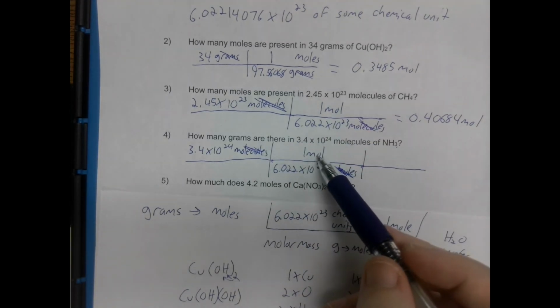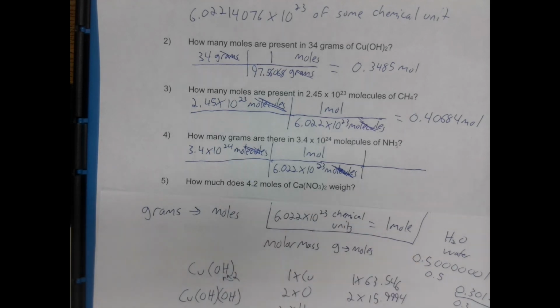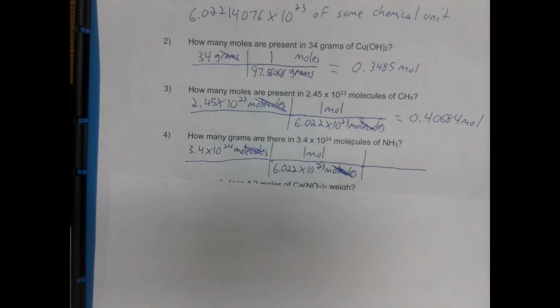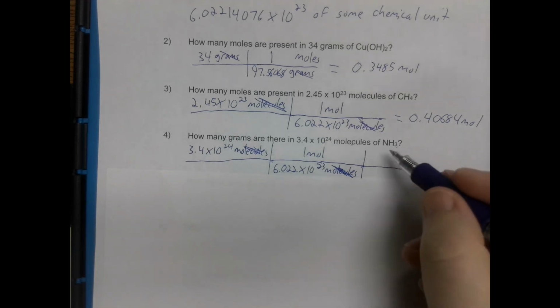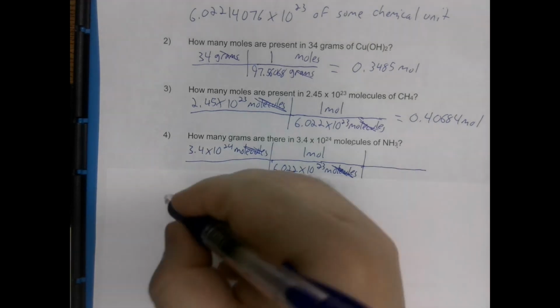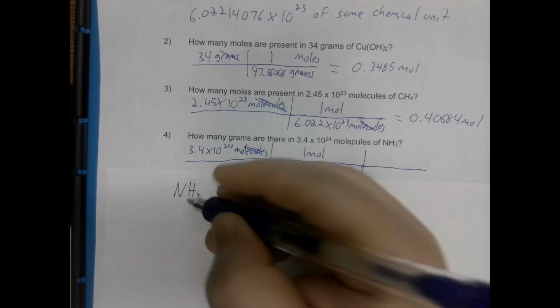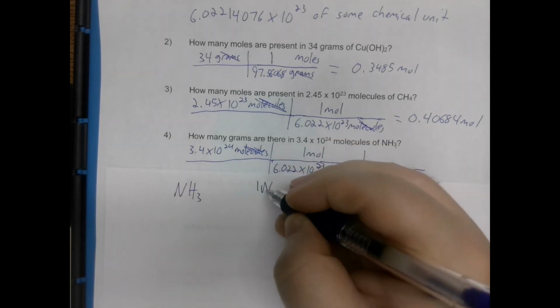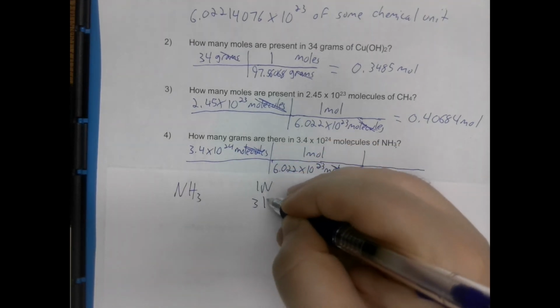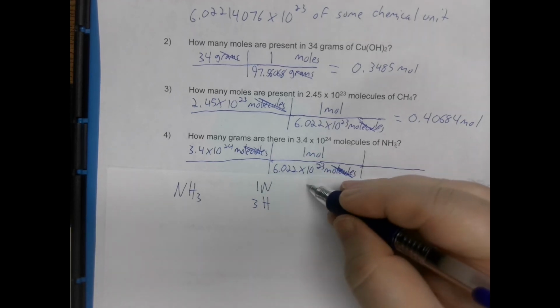Now we need to convert moles into grams. Moles into grams is a molar mass. So we need to find the molar mass of ammonia. So that's 1 nitrogen and 3 hydrogen.